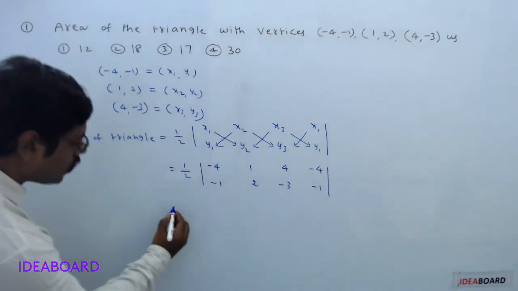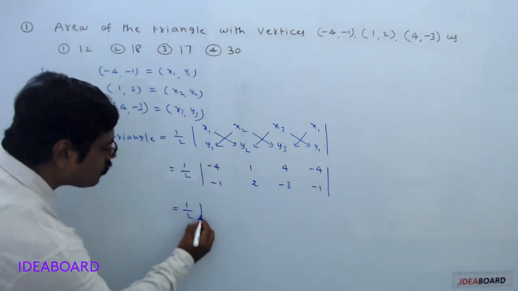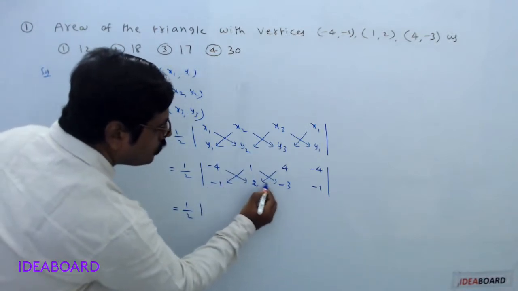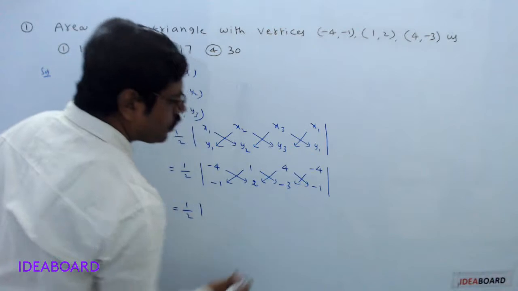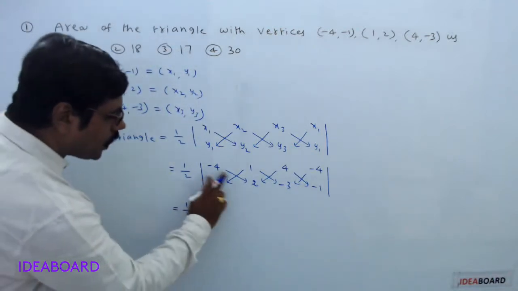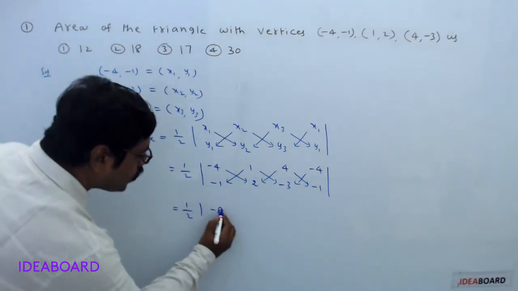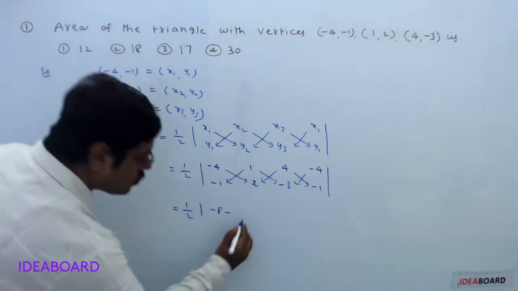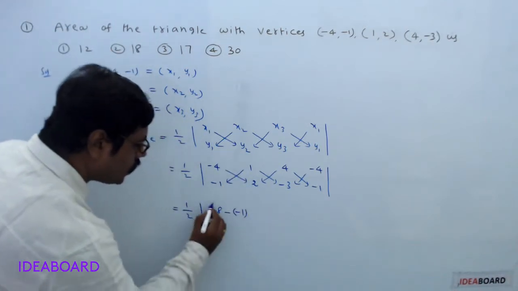Now this equals half modulus of, now expand this format. Now see the simplification: minus 4 into 2 is minus 8, minus 1 into minus 1 is plus 1.